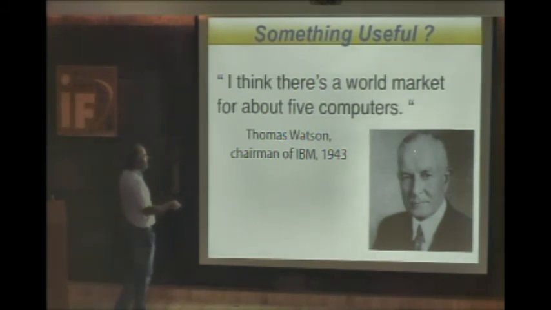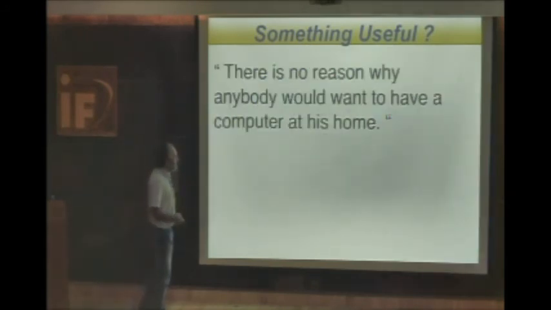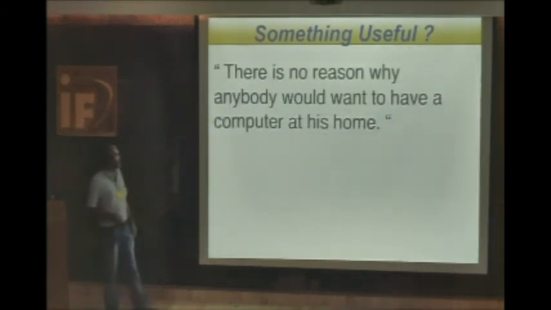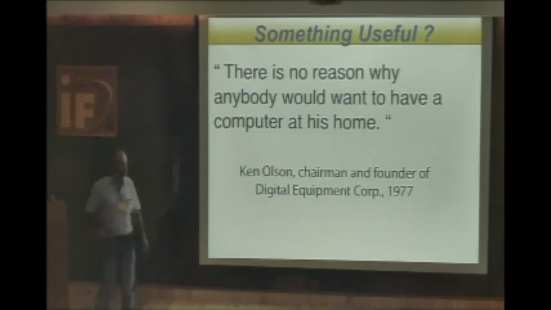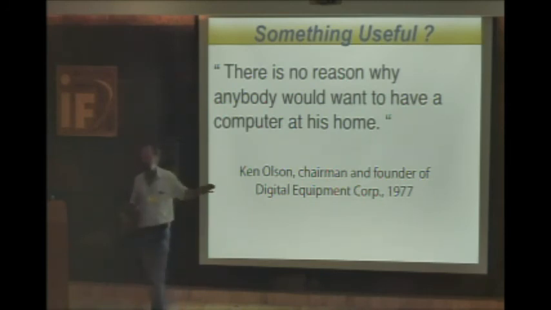Thomas Watson about computers: I think there's a world market for about 5 computers. Of course, these were different type of computers at that point. Nobody wants to have a computer at your home. I mean, you know, today, of course, every washing machine is a computer. Again, this was the chairman of a technology company who was no longer producing computers.